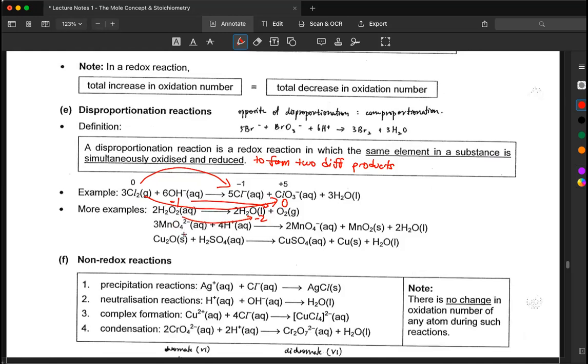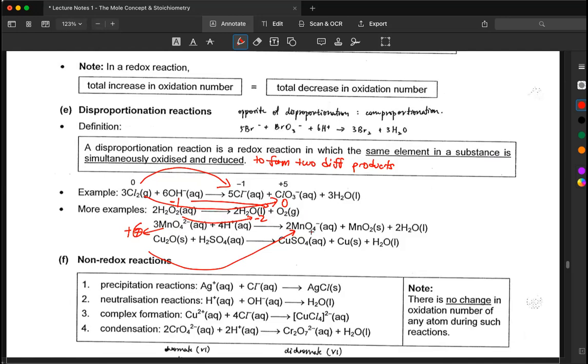Likewise, the Mn here is +7. So it becomes, this is what? MnO4 minus. So it's going to become plus. Sorry, this is +6. I saw it wrongly.